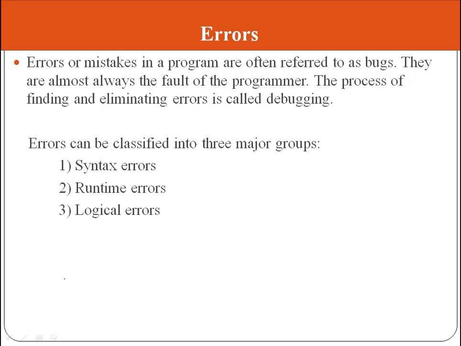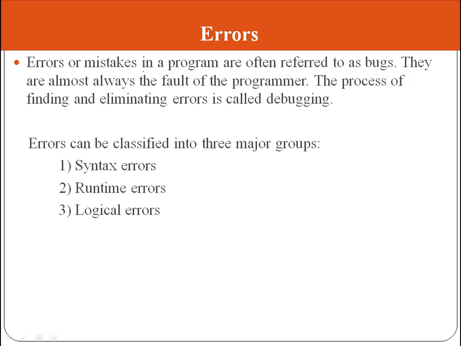Or not even while writing the program: sometimes your logic, when you are thinking about how to solve the problem, is off. You are not able to understand the problem and you write the program in a different way than it should be. These are all mistakes, all errors that you make while programming, right? So, errors or mistakes in a program.